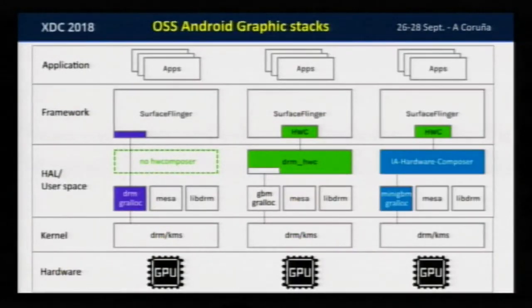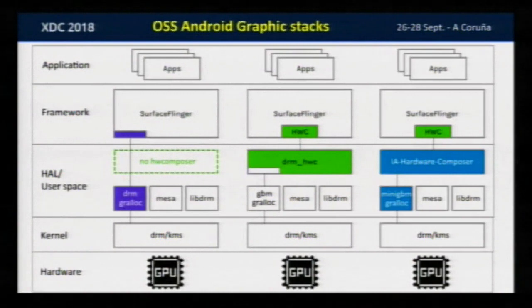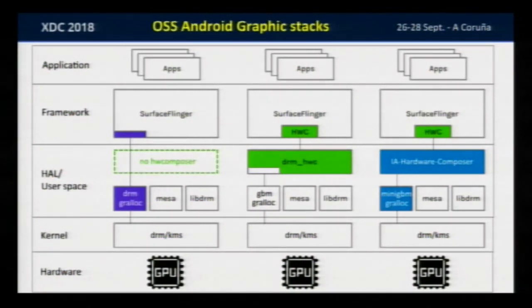And I don't know if you know, but there are other open source implementations of Hardware Composer. One of them is the Intel architecture Hardware Composer, which works on top of minigbm gralloc, the Intel version. And there is also another Hardware Composer, again by Intel, which is called hwc.